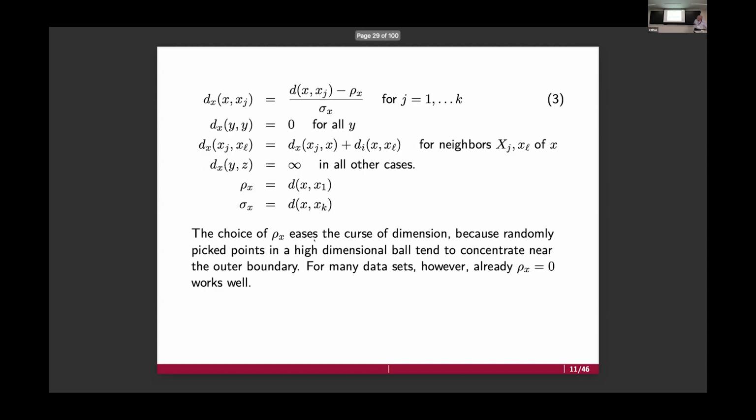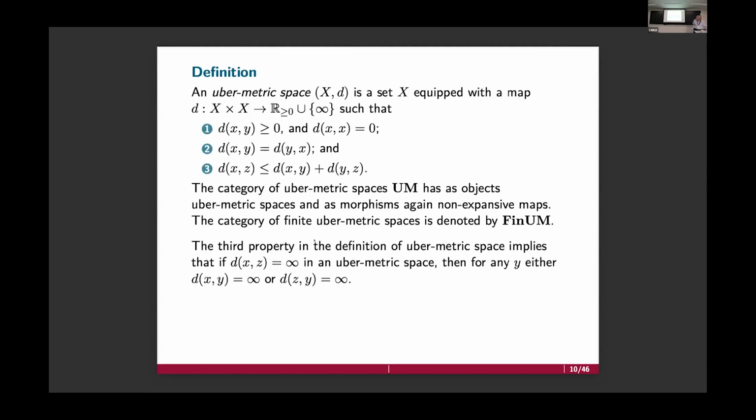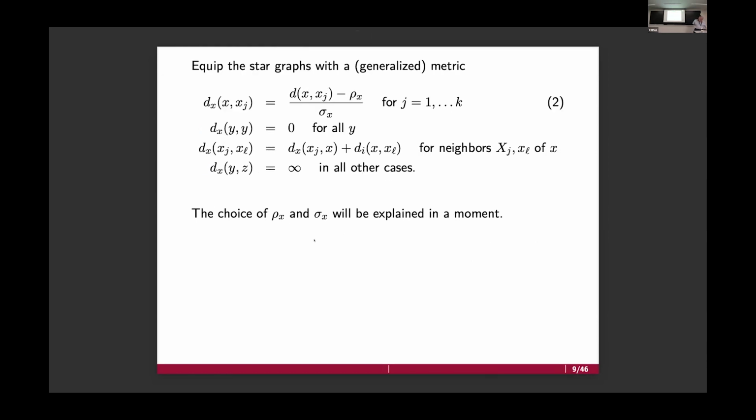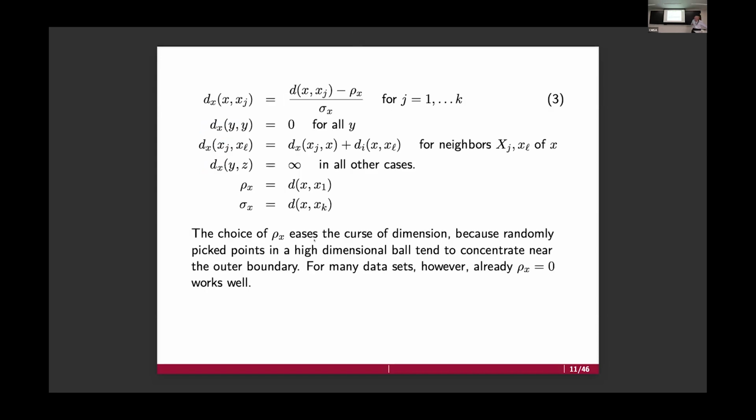So we put rho of x equal to the distance to the closest neighbor. rho of x either is put to 0, but in high dimensional space it might be better to put it equal to the distance to the closest neighbor.